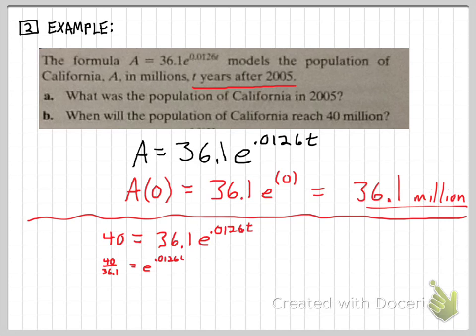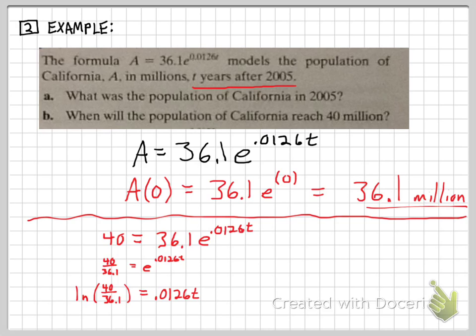So 40 over 36.1 would be equal to e to the 0.0126 t. Natural log of both sides, like our last problem, is convenient because it will cancel that e on the right hand side. And I'm going to go ahead and take advantage of that and just write this as 0.0126 t.